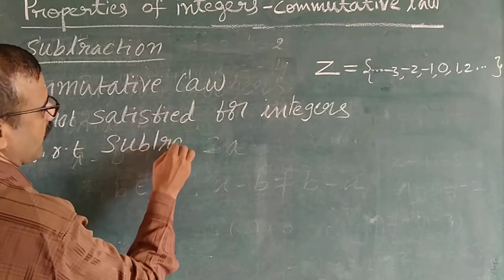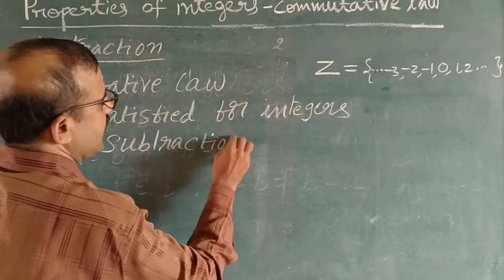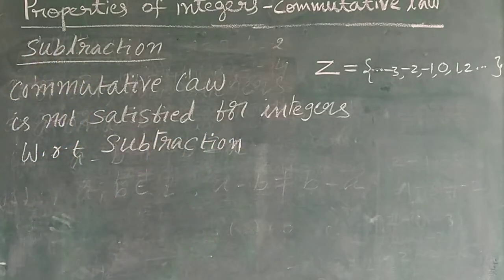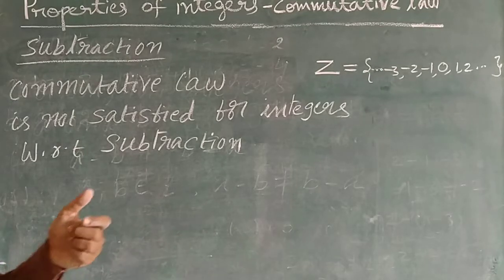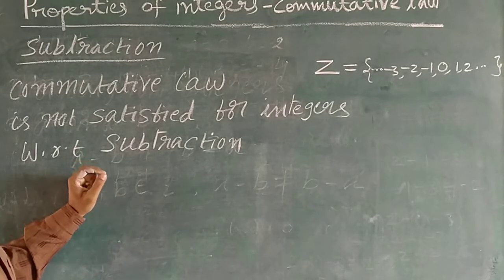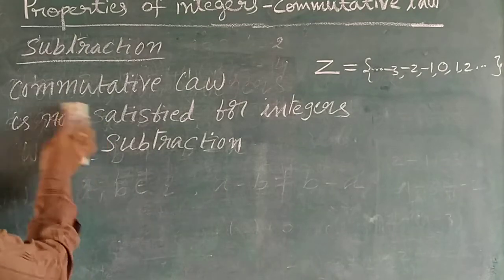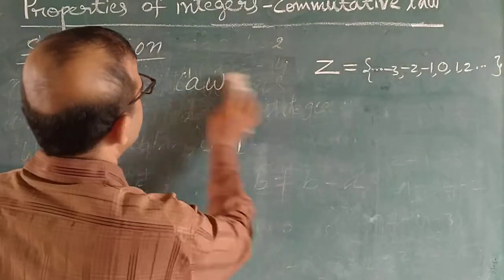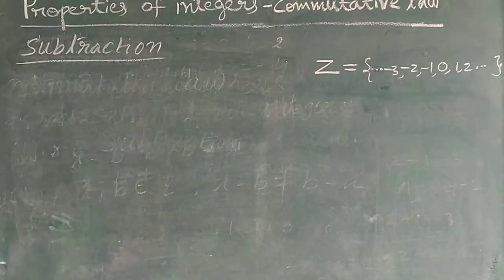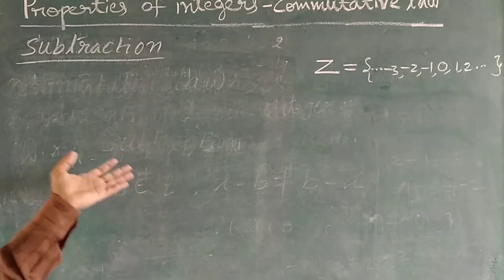With respect to subtraction, if you take any integers, maybe both are positive integers, maybe both are negative integers, or maybe one is positive and one is negative, the result is always not satisfied. Suppose we take some more examples for this. So commutative law is not satisfied for integers with respect to subtraction.